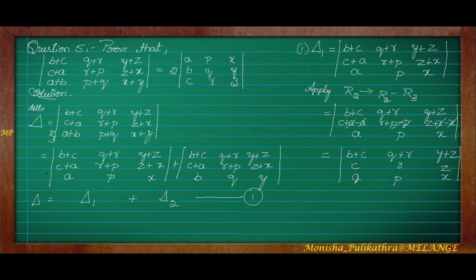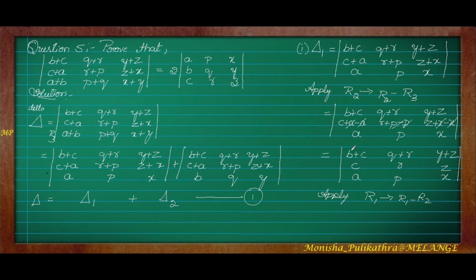In the second step, apply R1 equal to R1 minus R2. I have changed the second row, R2 to R2 minus R3. The first row also I have to change because I have to reduce it to a single element, not double terms.